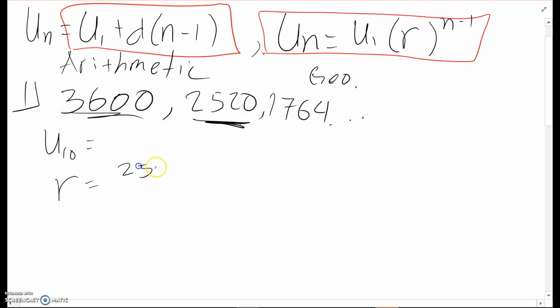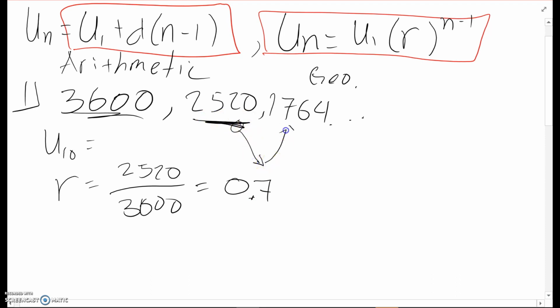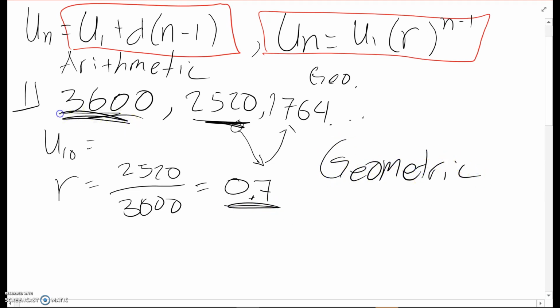So I'm going to do 2,520 over 3,600, which gives me 0.7. Okay, and then I'm going to multiply this value by 0.7 and see if that comes out. So times 0.7, and I do. Okay, so I've determined that this is in fact geometric. It has a common ratio of 0.7 and a first term of 3,600.